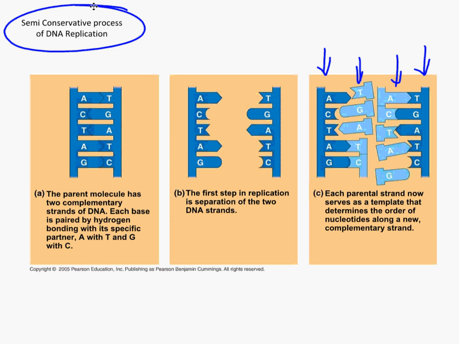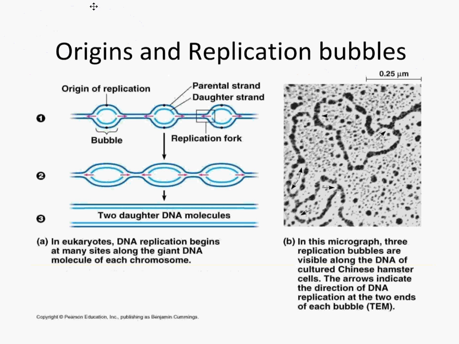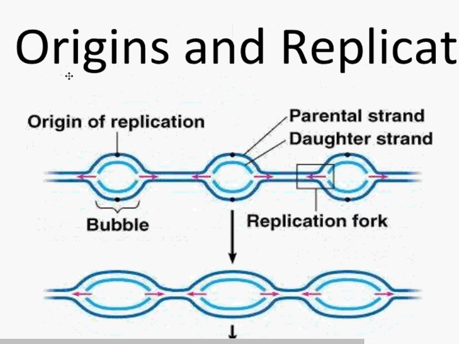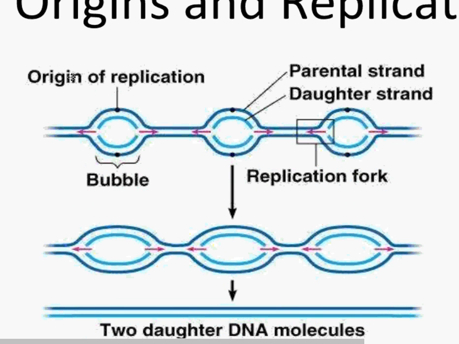How does this take place? Well, again, you have here these points of origin, and then at each point of origin, replication is going to be occurring in two directions. As you can see, this is kind of happening this way, and this way, and this way, and this way, and eventually every bit of it's going to get replicated.